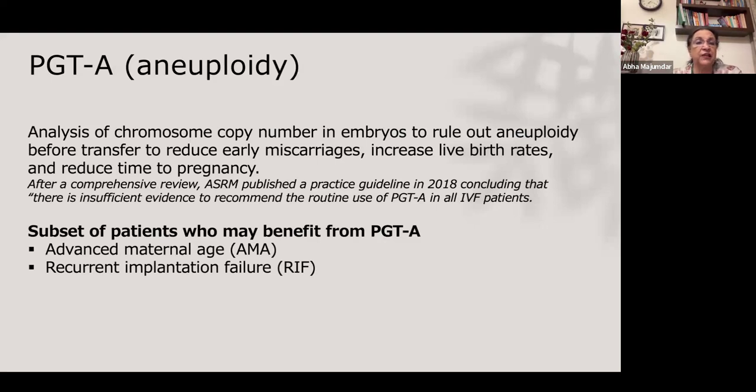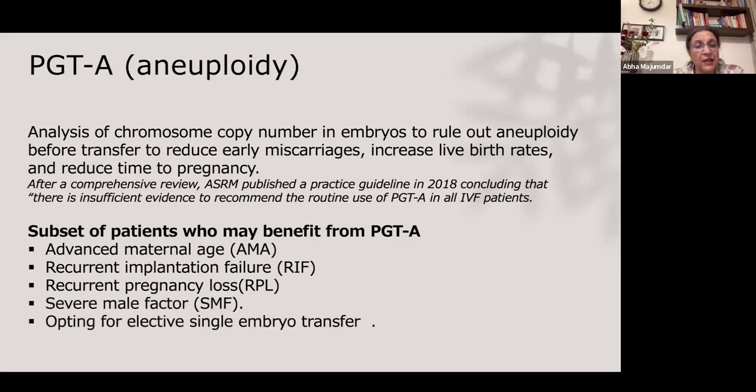Recurrent implantation failure also, we thought that maybe it might help, and maybe these are abnormal embryos which do not implant. Recurrent pregnancy loss also, but unless the recurrent pregnancy loss is associated with a translocation defect in the chromosome, they have found that it doesn't affect the implantation.